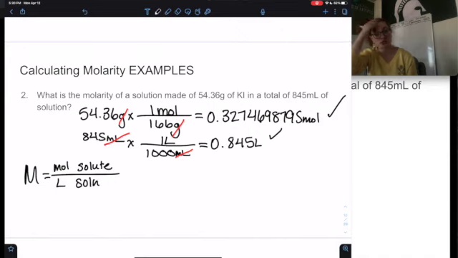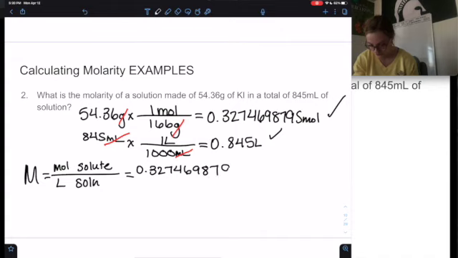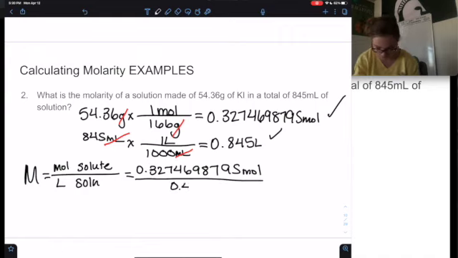That just means solution. So moles of solute divided by liters of solution. So that means I have 0.32746987995 moles over my 0.845. Oh, I didn't write the number 0.